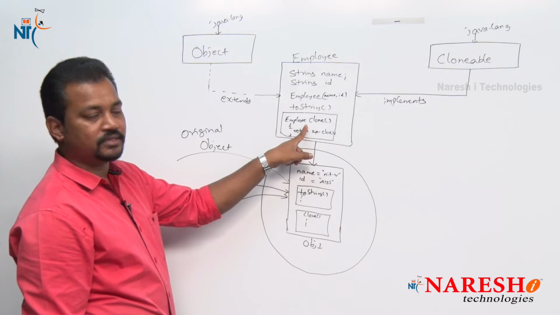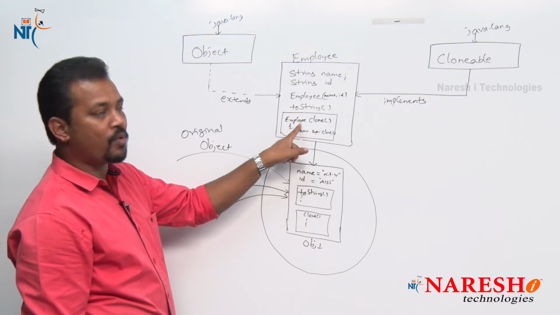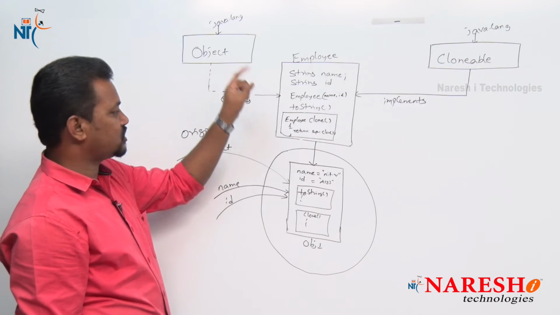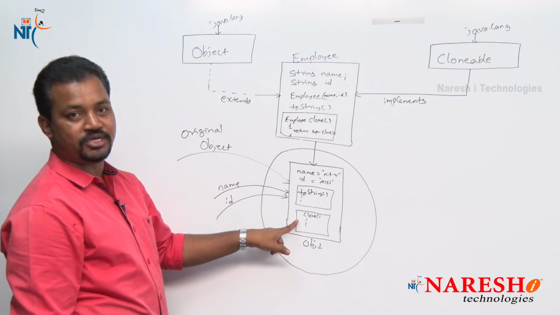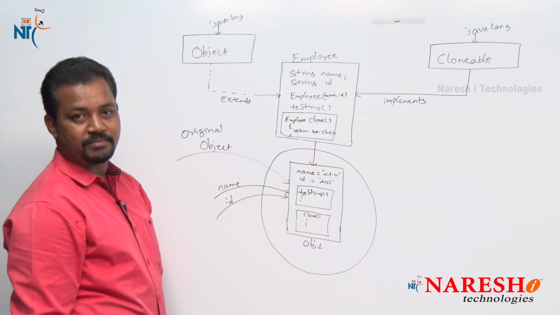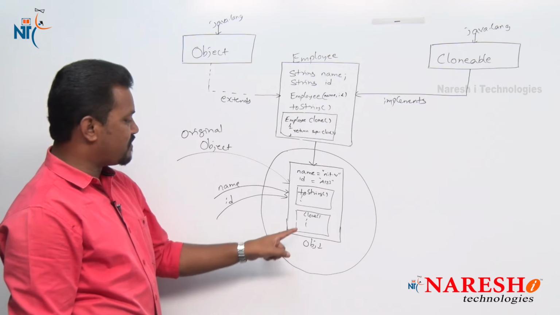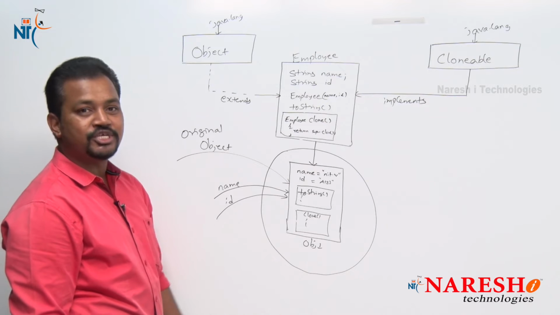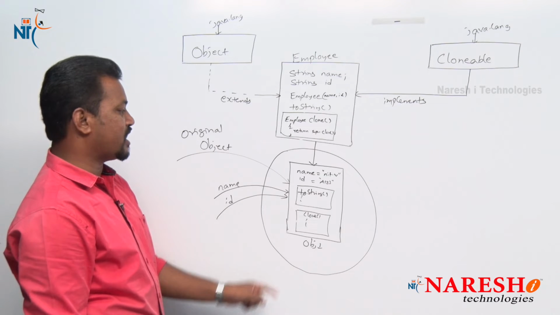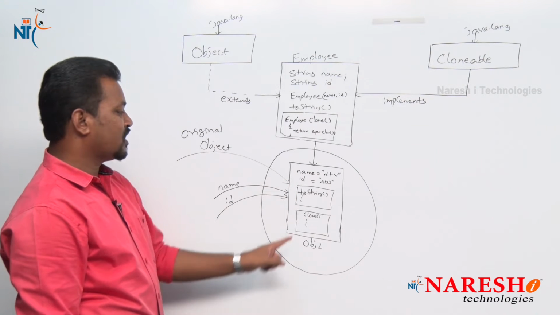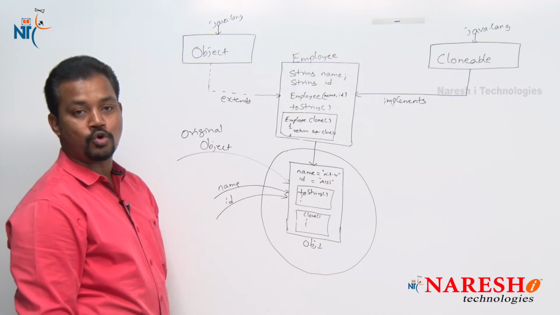The clone method, which is an Employee return type method overriding the Object class method, is also available within the object, because they are non-static methods. Non-static methods are available within the object. Now obj1 has the contents: two variables, one toString method and one clone method.